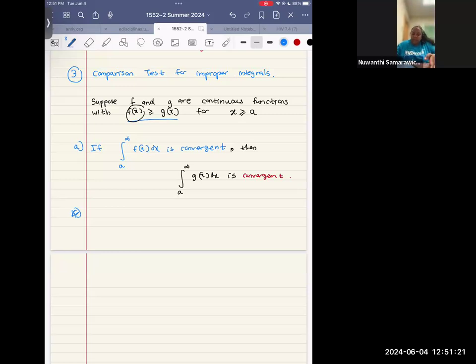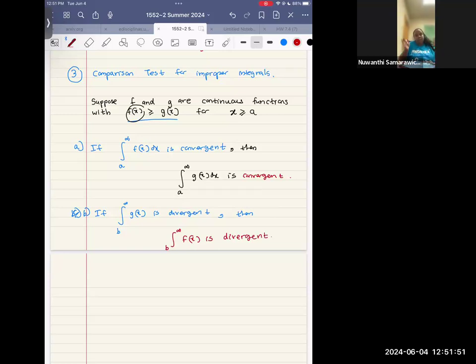And then the second part is if the integral from b to infinity of g of x is divergent, then we can say by the comparison test that the integral from b to infinity of f of x is divergent.